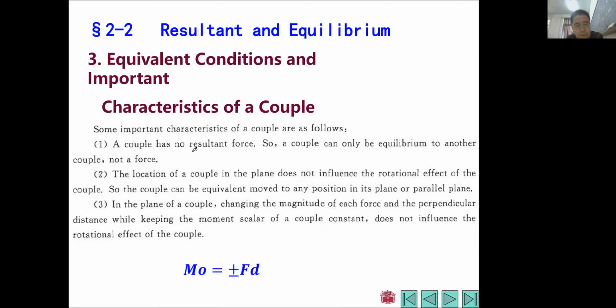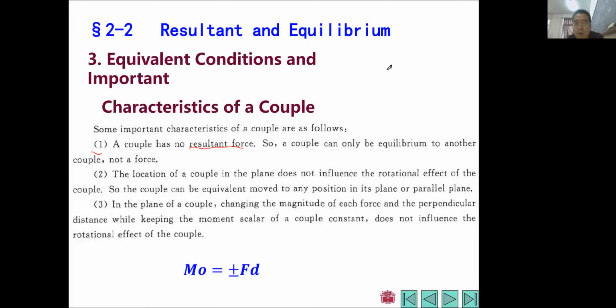One, a couple has no resultant force. So the couple can only be in equilibrium with another couple, not a force.